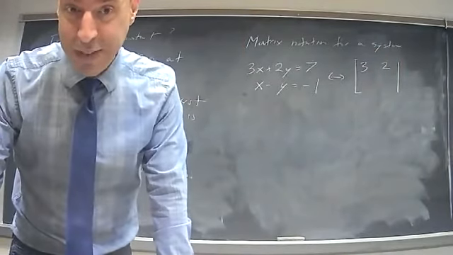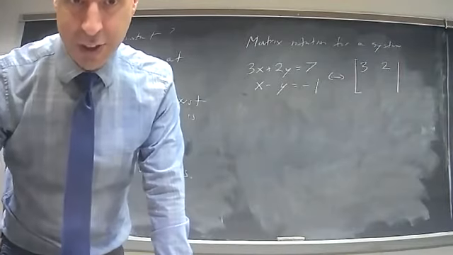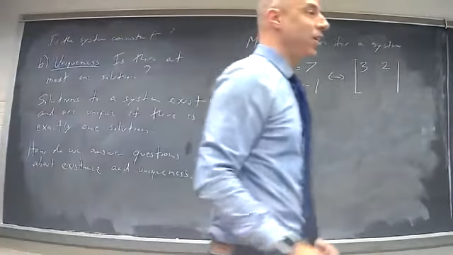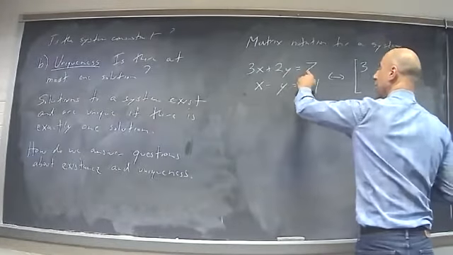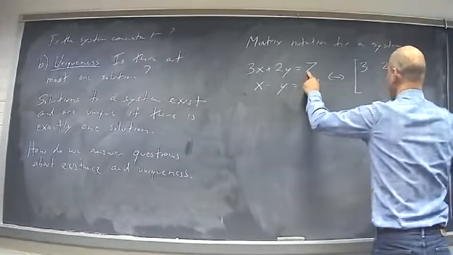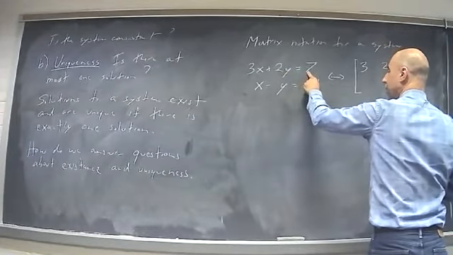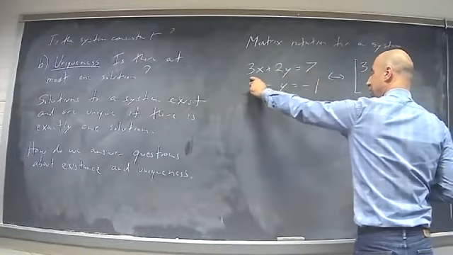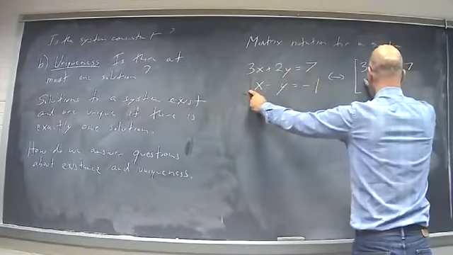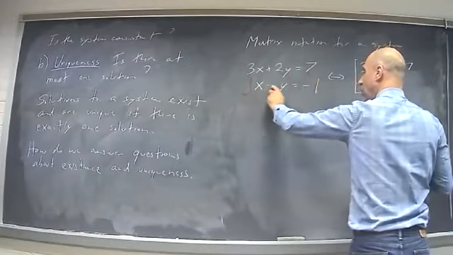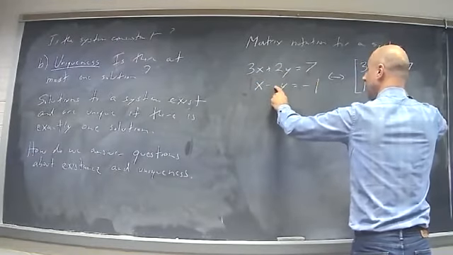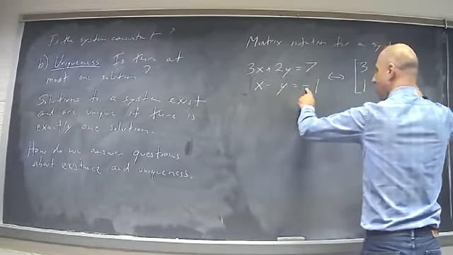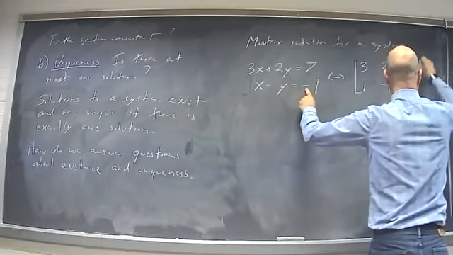If you would prefer to leave it out, that's fine. But just note that I am not using exactly the same notation as the textbook. So 3, 2, and then I'll put my 7 over here. And what I have in front of the x is an invisible 1, so that's what goes here. What I have in front of the y is an invisible -1. And of course, over here, I have a very visible -1.